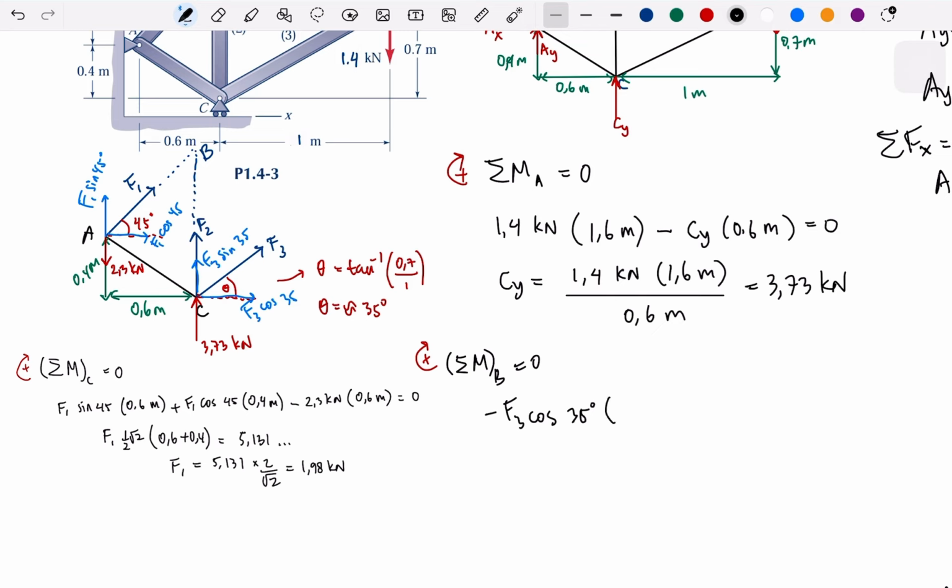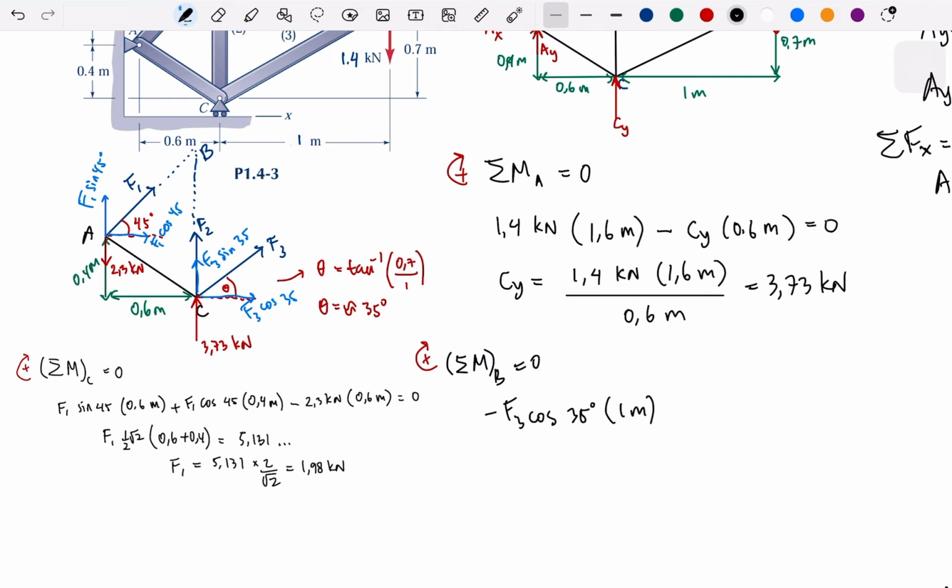Negative, then this will be 1 meter. And then we can have the Ay using the 0.6.